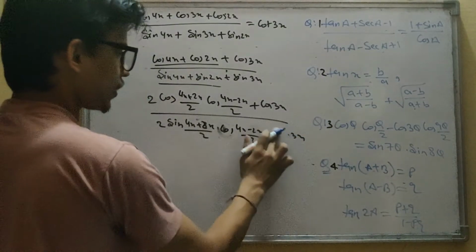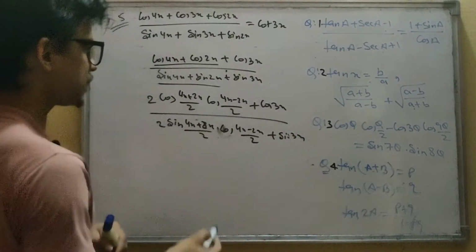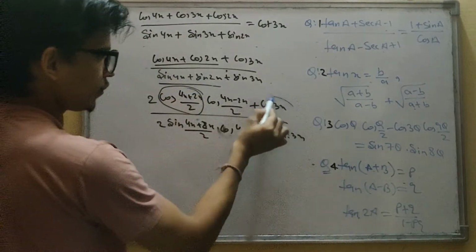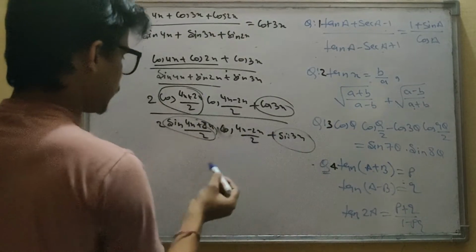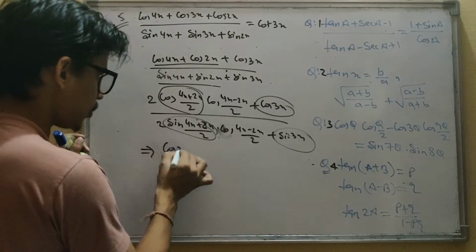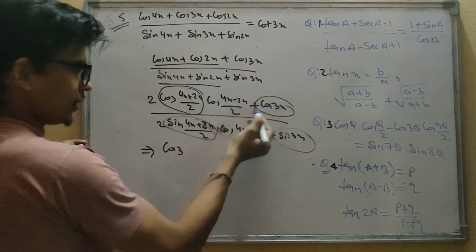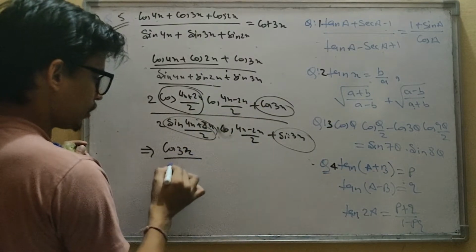Now what you can see, cos 3x is common from here, and sin 3x is common from here. Excellent. So take them as common. Now 4 plus 2, 6 divided by 2, 3. So cos 3x upon sin 3x.